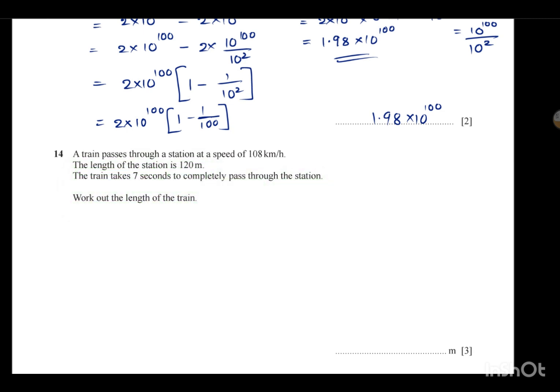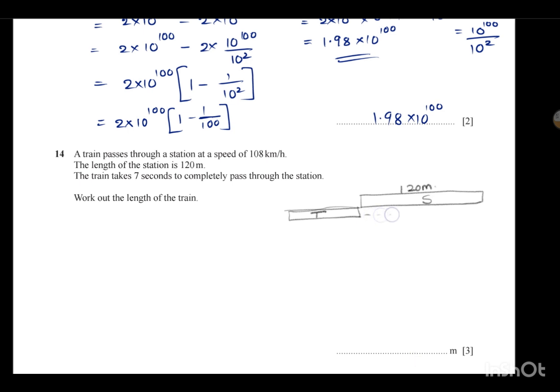Now let me show you that there is a station like this. This is the station and there is a train. Okay, this is train and this is station. Now station is given as 120 meters. This train is passing through this station, and as it passes, it is taking complete.